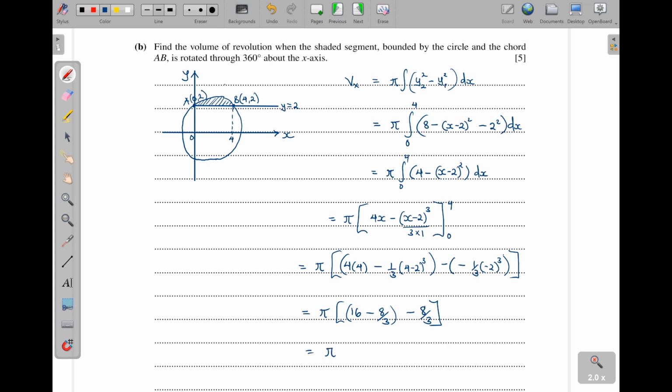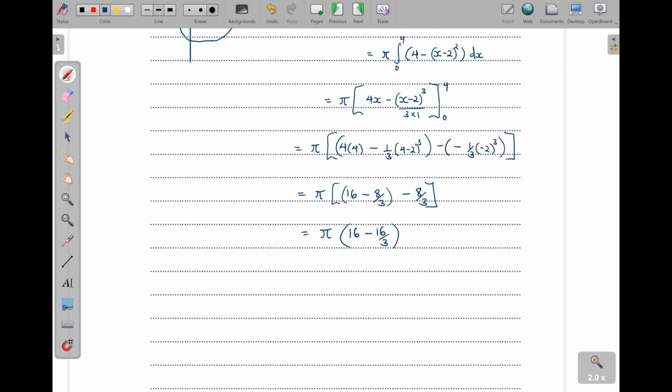So this one will be minus 8 minus 8, that is minus 16. So we have 16, then minus 16 over 3. Now this one simplified, we shall have 16 times 3, that will be 48. Now 48 minus 16, that one gives us 32. So we shall have 32 over 3, then times the pi. So we have 32 over 3 times the pi. That will be our volume.